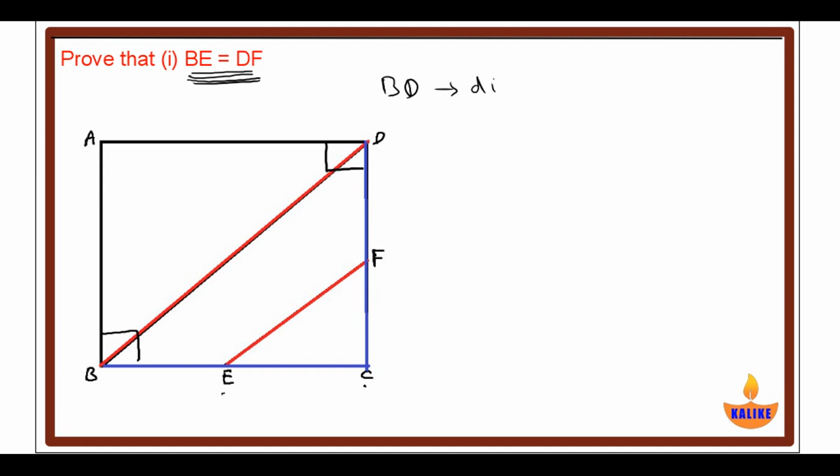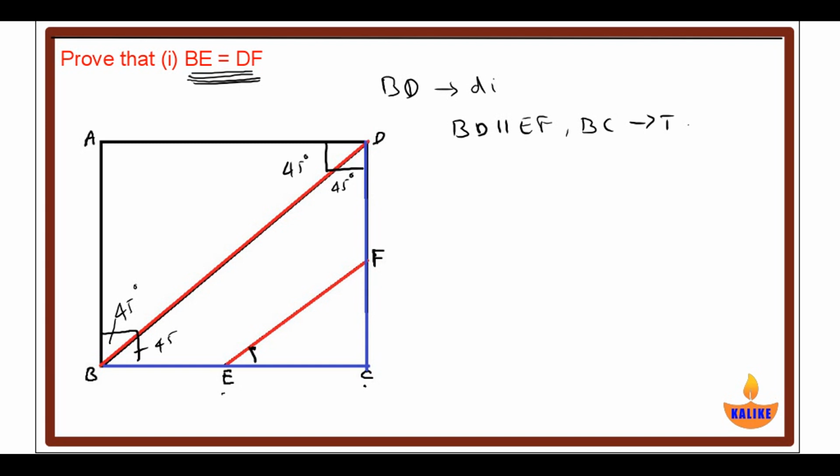But when it is bisected, it is 45 and 45 degrees. So BD is parallel to EF and BC is transversal. Then we have two pairs of corresponding angles.